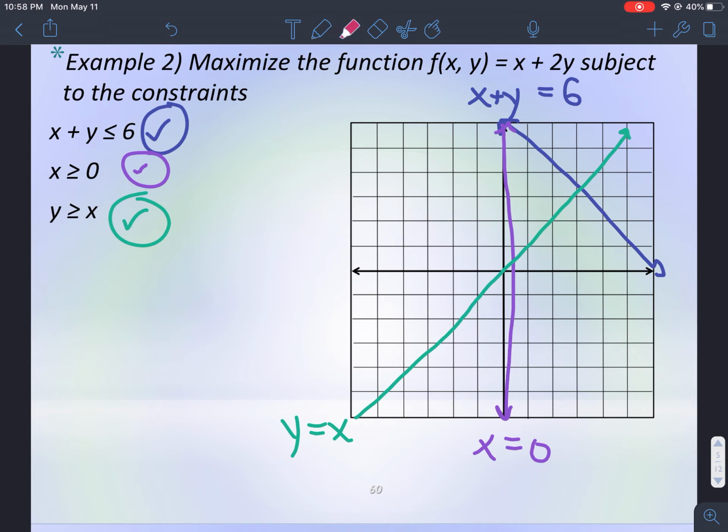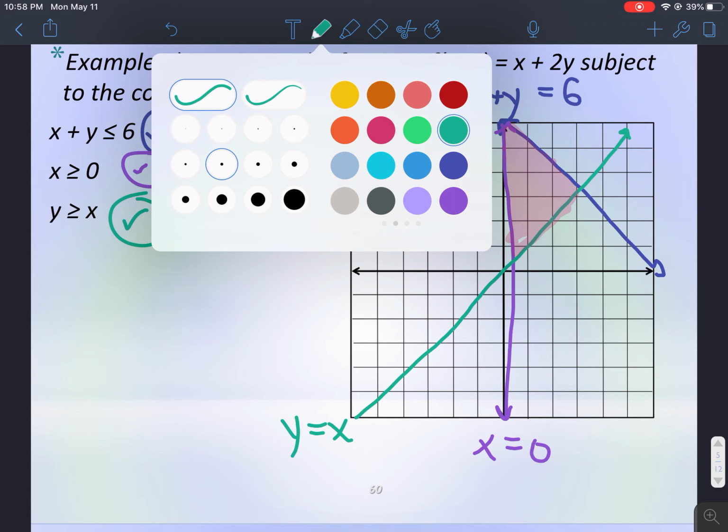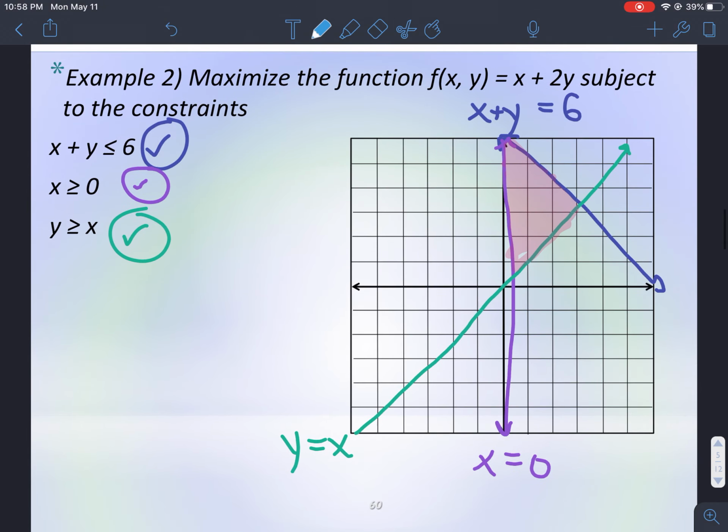All right, next step. Let's graph the solution. The solution area should be x plus y is less than or equal to 6. So it's going to be below the blue line, to the right of the purple line, and above the green line. So it's going to make this triangle right here. Okay, next. Find some vertex that maximizes x plus 2y.